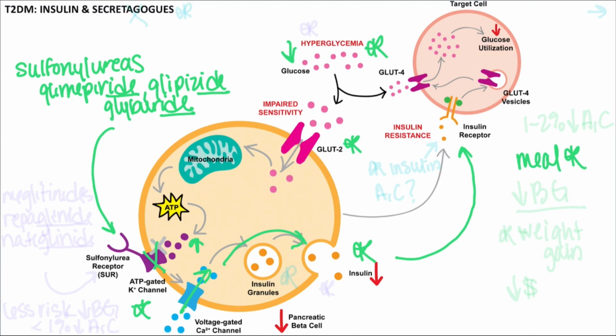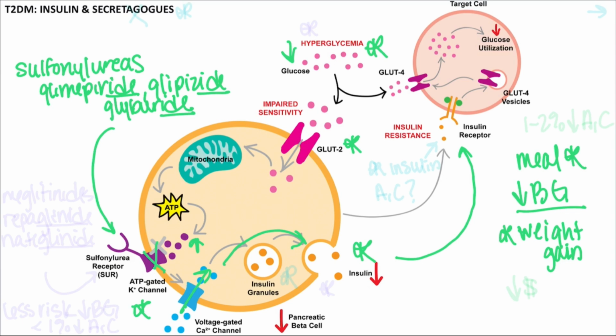And I'm sure you can guess that hypoglycemia is the primary adverse drug reaction we are concerned about with these agents. One of the other things to mention is because insulin is an anabolic hormone, it can lead to weight gain. So the fact that these agents are triggering insulin release means that there is a risk of weight gain with these agents.